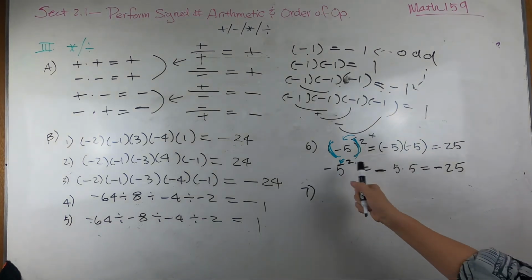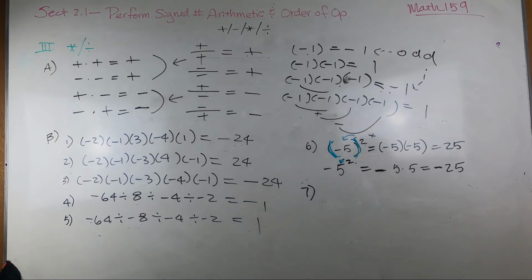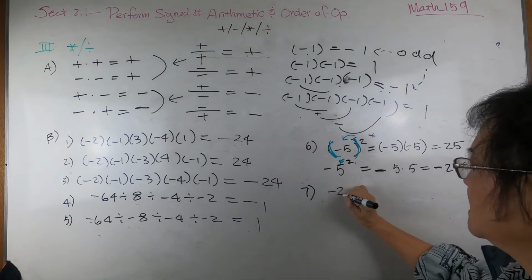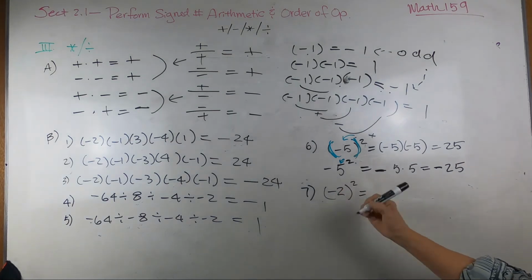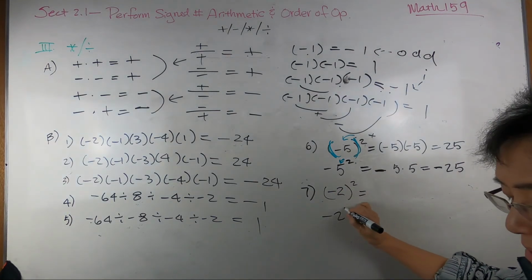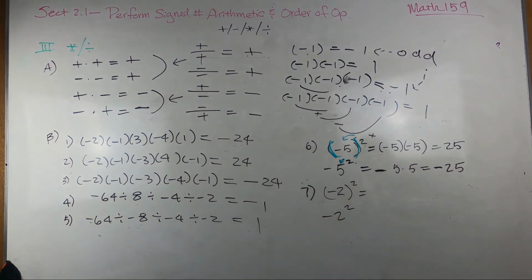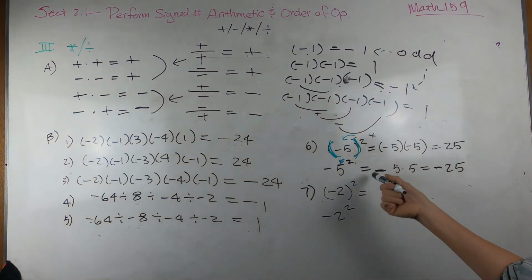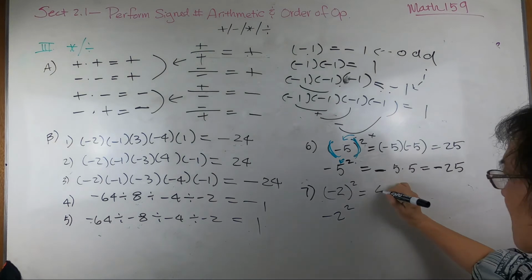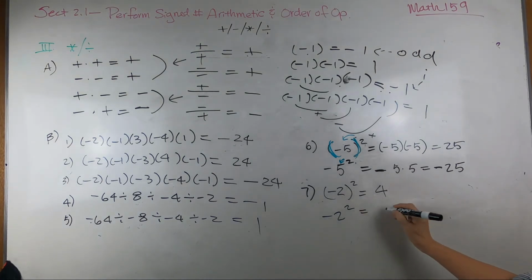Okay, understand how we operate the numbers. And what does sign mean? And how to apply it to the number. For the next one is negative 2. What do you think? And for this one, what do you think? Right? Negative 2 squared, times twice, it's a positive. And this one, 2 squared is 4.